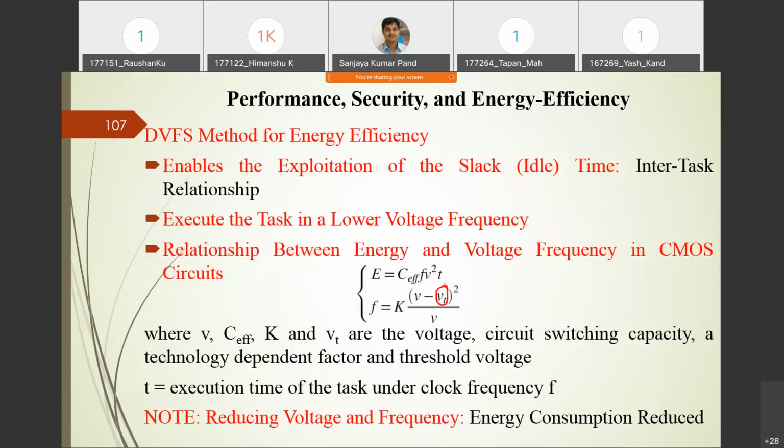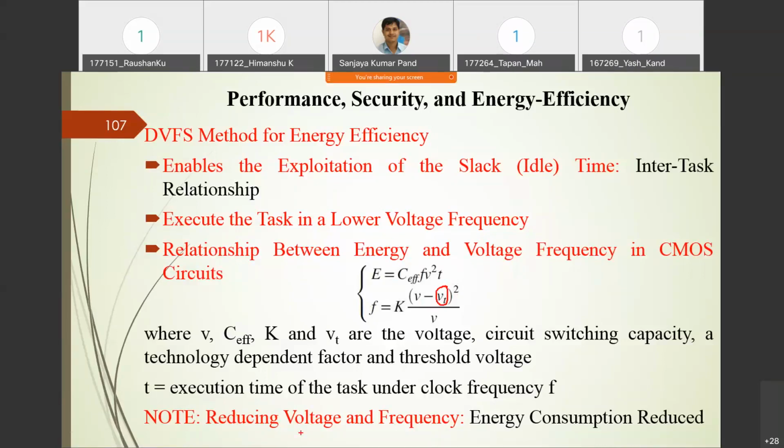Suppose I tell you, once you exceed 200 volts, then the energy consumption will drastically increase. That's why we are monitoring a threshold voltage. So by calculating this, you can decide how much energy is consumed using the DVFS policy. Apart from the DVFS policy, a lot of policies are also there, but DVFS is one of the popular methods used in distributed systems.